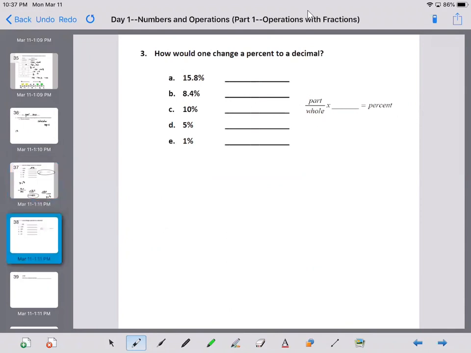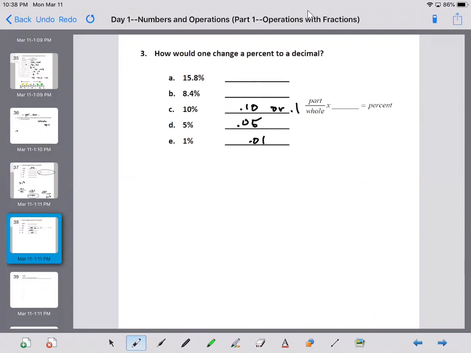So 10% as a decimal will be 10 hundredths, or 1/10. 5% would be 5 hundredths. And then the 1% would be 1 hundredth.